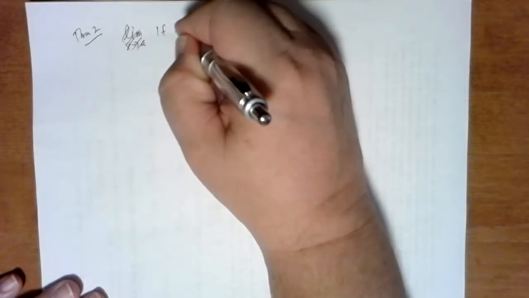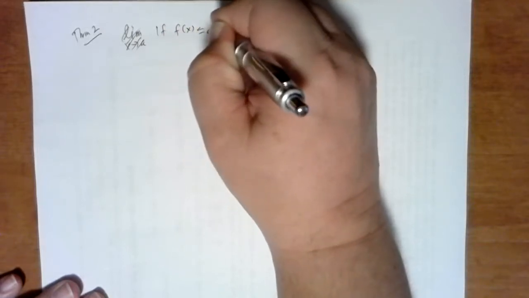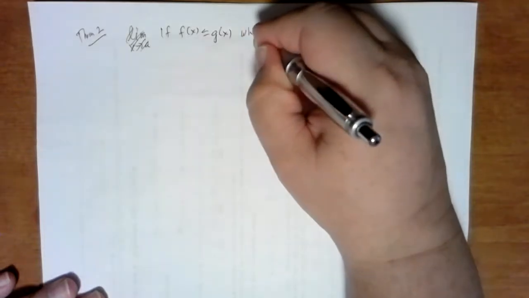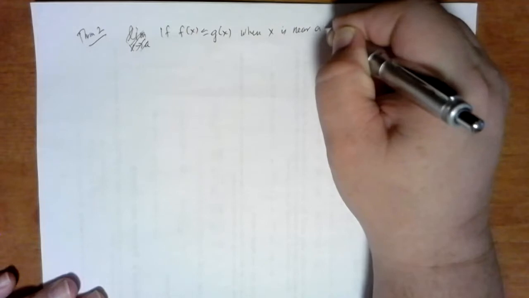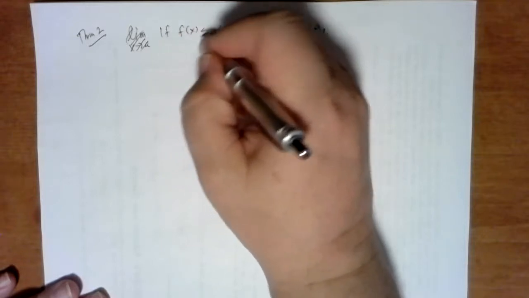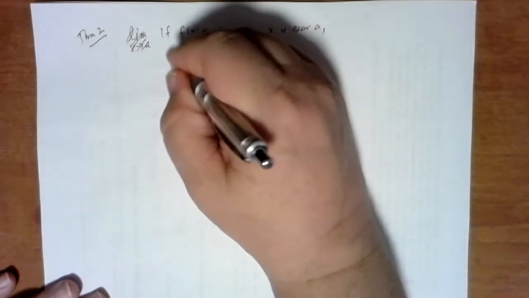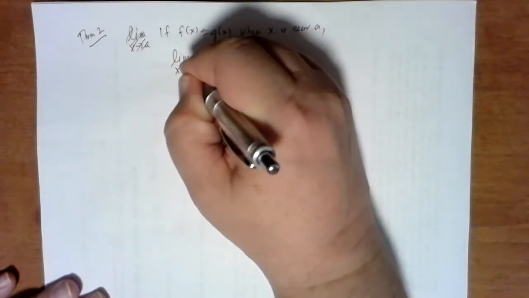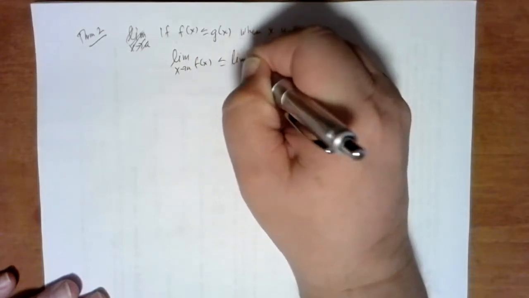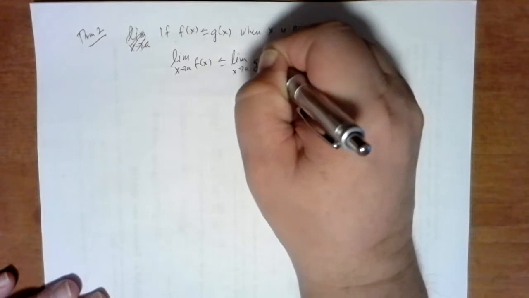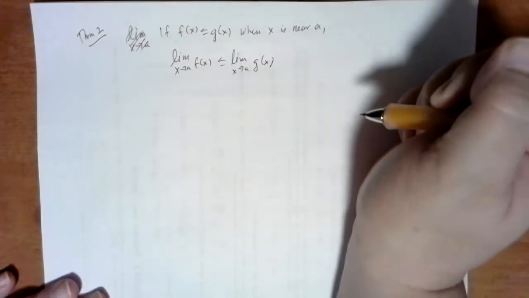If f of x is less than or equal to g of x when x is near a, except possibly at x equals a, right? Because the limit doesn't matter. Then I'm just going to take the limit of both sides. The limit as x approaches a of f of x is going to be less than or equal to the limit as x approaches a of g of x.